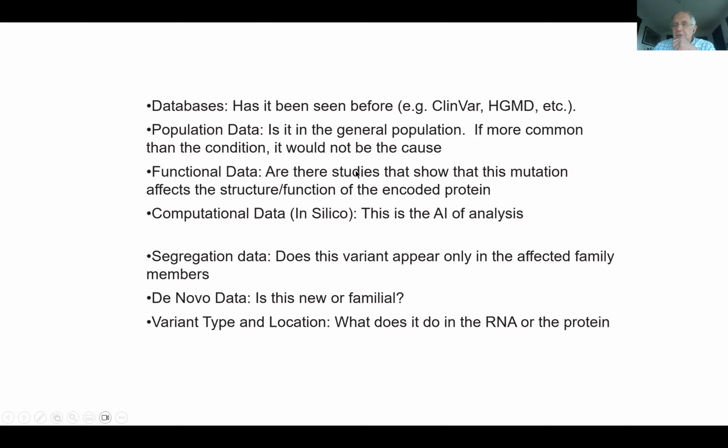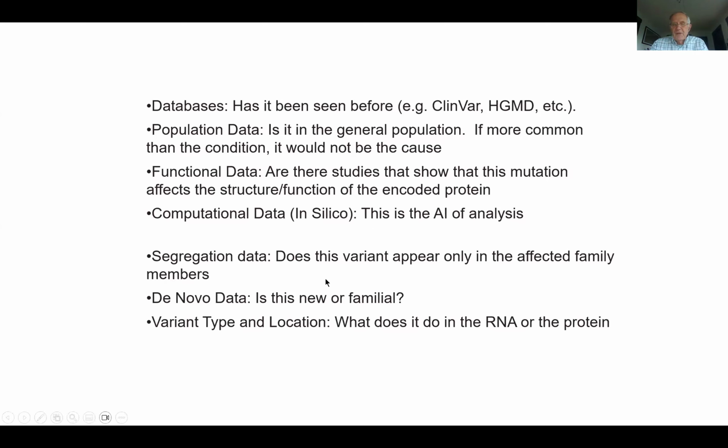Are there studies that show that this mutation affects the structure or function of the encoded protein? We were lucky in the sense that we started doing protein studies before we did DNA studies. And so we had a lot of information about what kinds of changes actually made a difference. And that was very helpful. The computational data, which is in silico, is basically the AI of analysis, which allows you to make models, and has become very helpful.